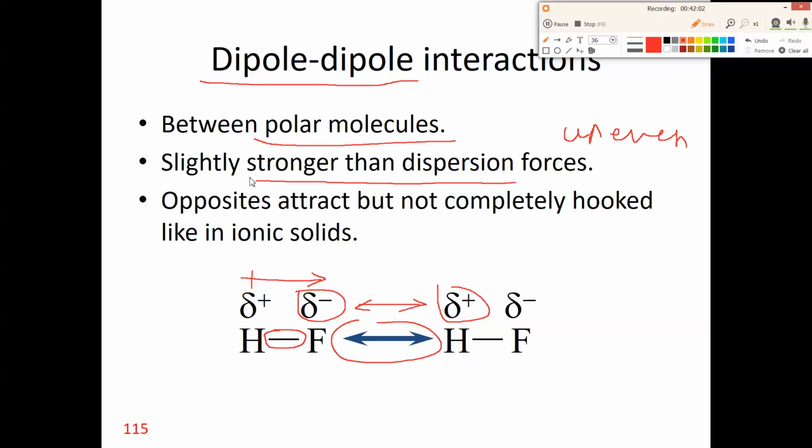So basically, this dipole-dipole interaction is stronger than dispersion force. We can think about this in the gas phase. If you have HF gas molecules, which are polar molecules, there is this dipole-dipole interaction.